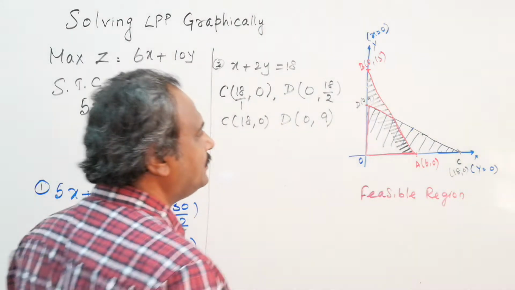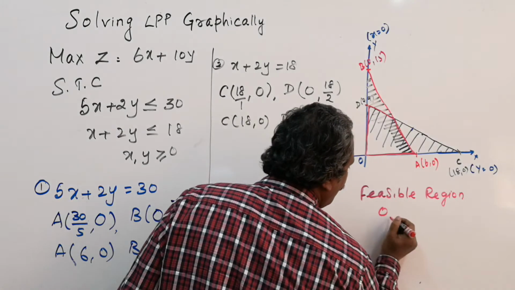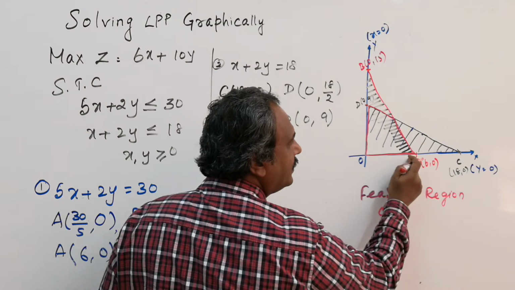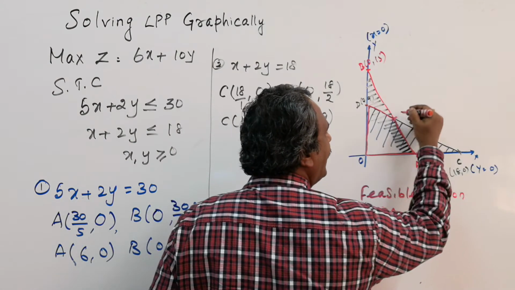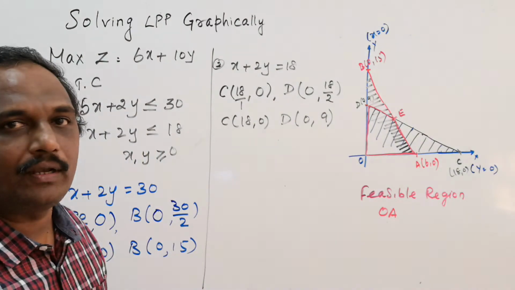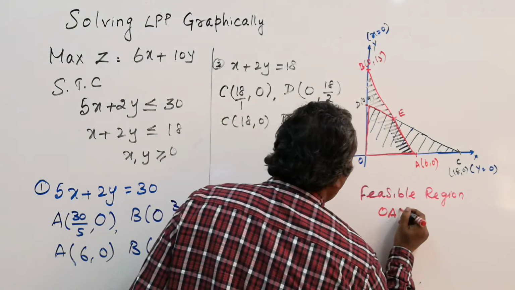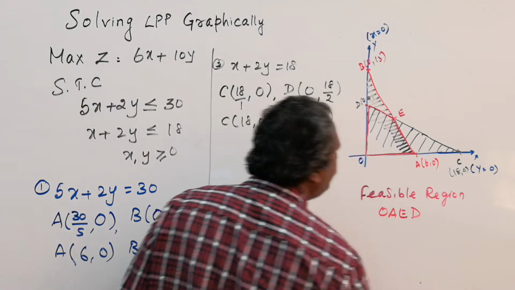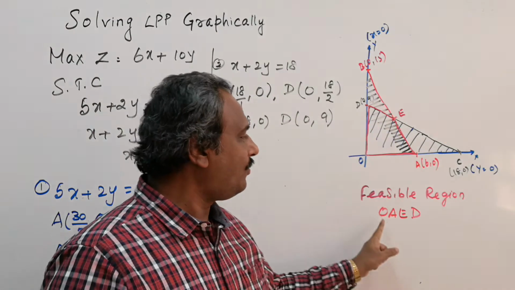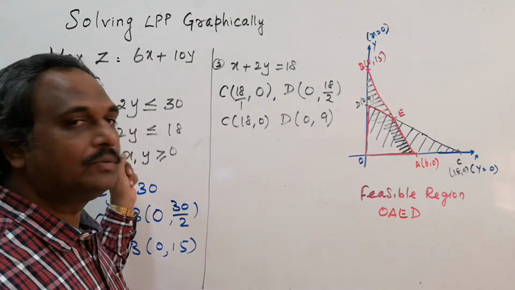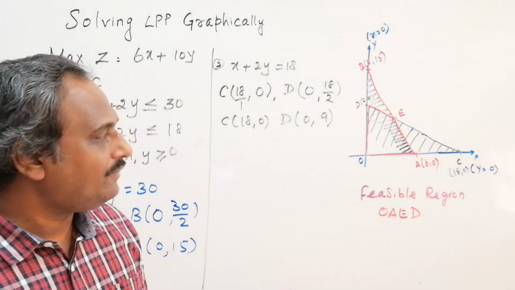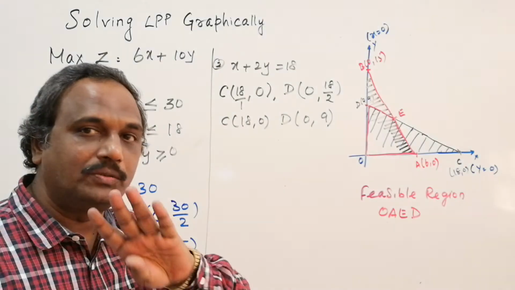The feasible region is nothing but O, A, and the point here, which I am going to assume as E, and D. O, A, E, D is the feasible region for my solution. The possible solution occurs within this region. Here we are having 4 possibilities.